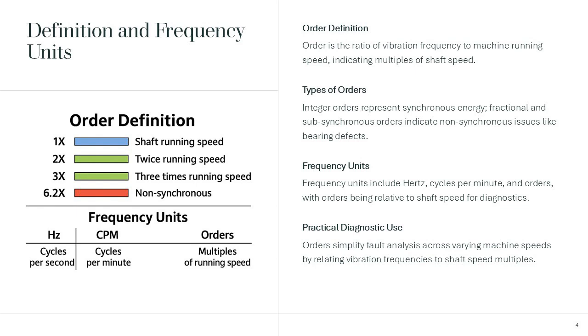For example, a fan blade pass frequency might occur at 8x, meaning 8 times the shaft speed, regardless of whether the machine runs at 500 revolutions per minute or 3000 revolutions per minute. This relativity simplifies calculations and interpretation, especially when analyzing spectra from machines operating under varying speeds. Understanding these units and their relationships is critical for accurate vibration analysis and fault identification.